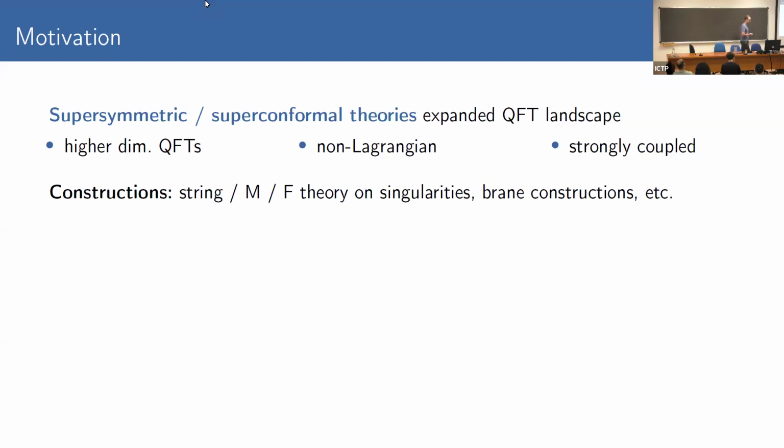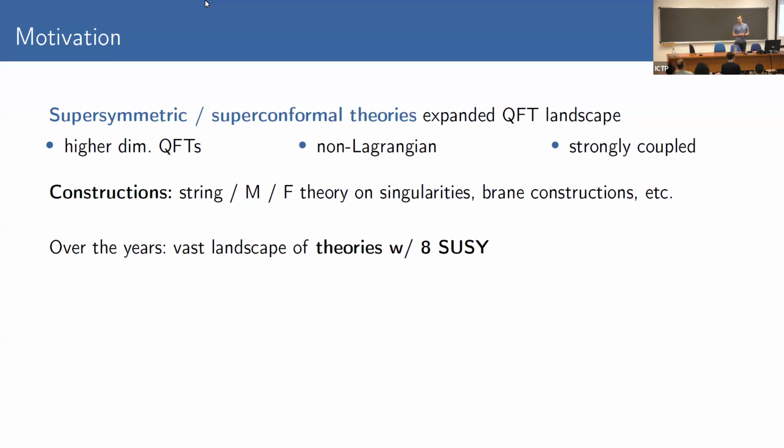So that's a very well-established tool set. With this kind of tools, various people have been doing a lot of amazing work. And by now we have a very vast zoo of theories with different types of supersymmetry. So you can pick the amount of supersymmetry that you like, and then you can go ahead.